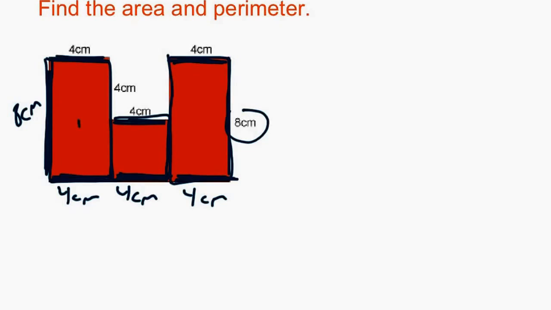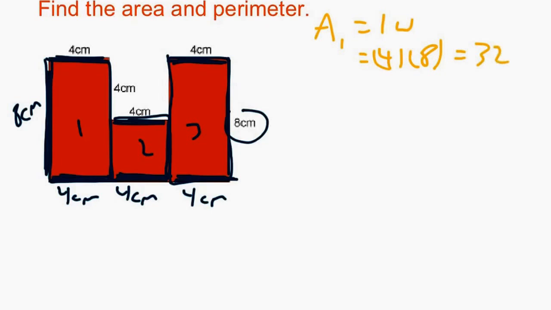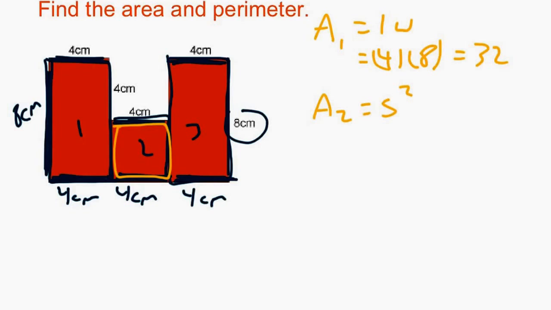So let's just call this 1, 2, and 3. So the area of rectangle 1, length times width, is 4 times 8, which is 32. Area of rectangle 2, which is this guy right here, which is actually a square. So I could use the square formula, s squared, which is 4 squared, so area of 16.